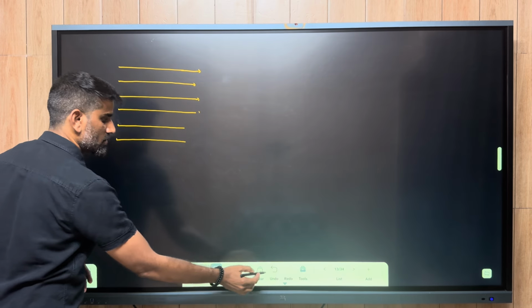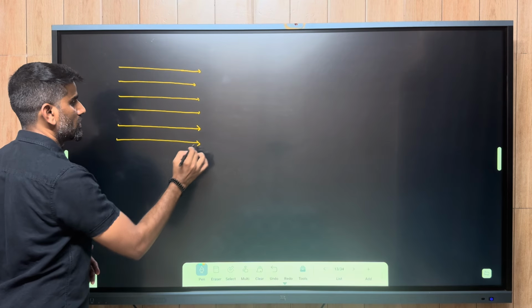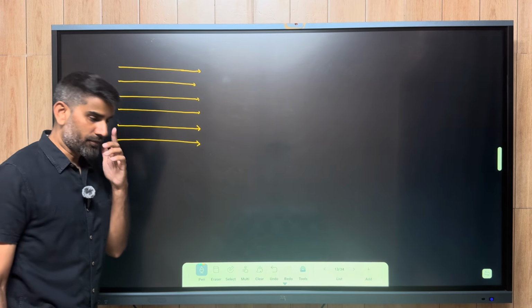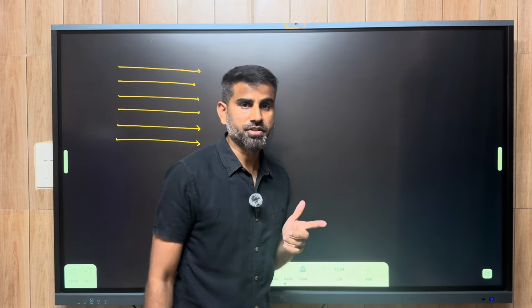Okay, so uniform electric field, all the arrows are pointing in the same direction and separated by equal distances.